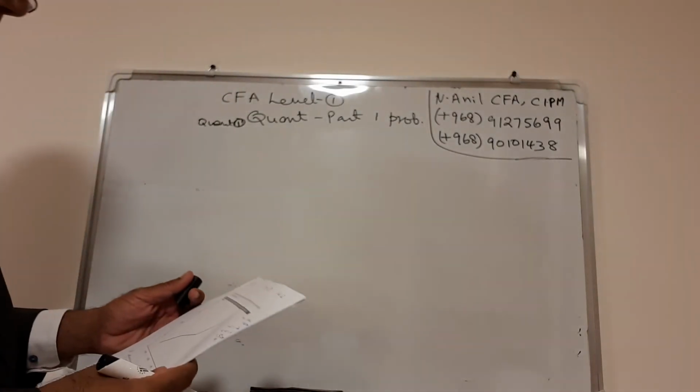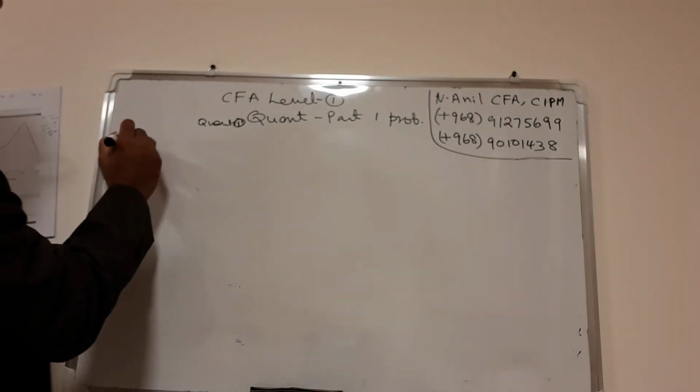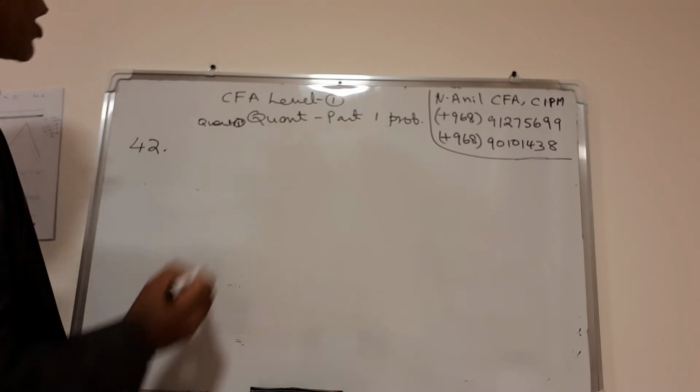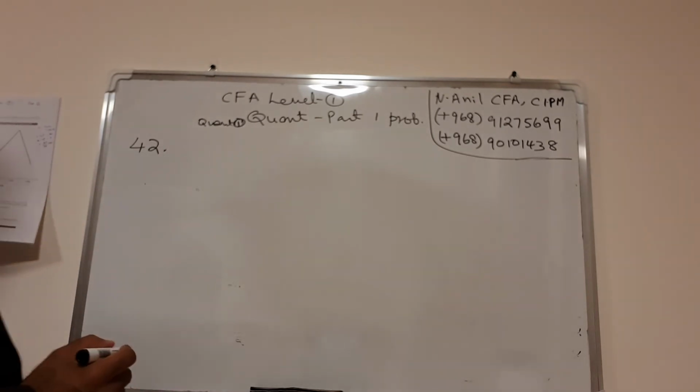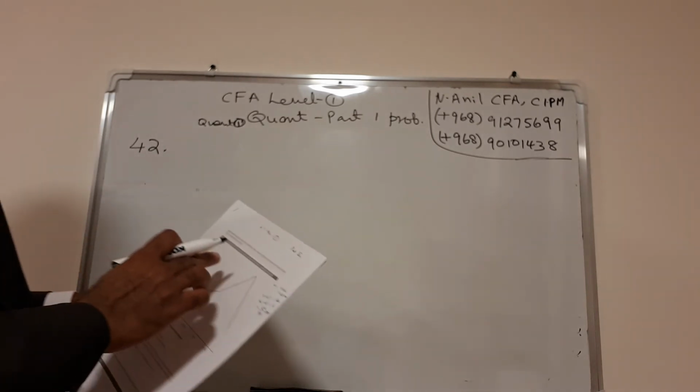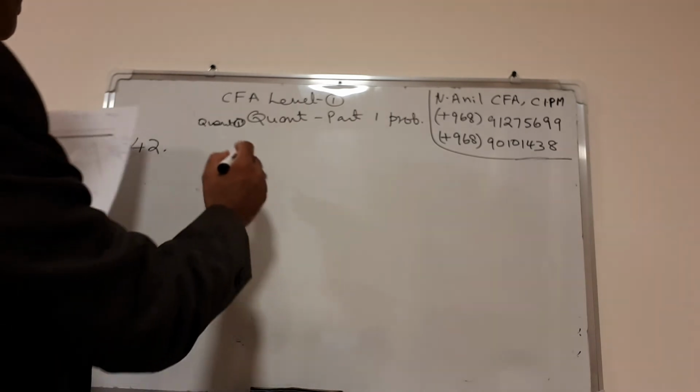The next problem is actually problem 42 in Quant 1. Based on the chart, there are monthly changes in the US dollar Japanese yen spot rate.